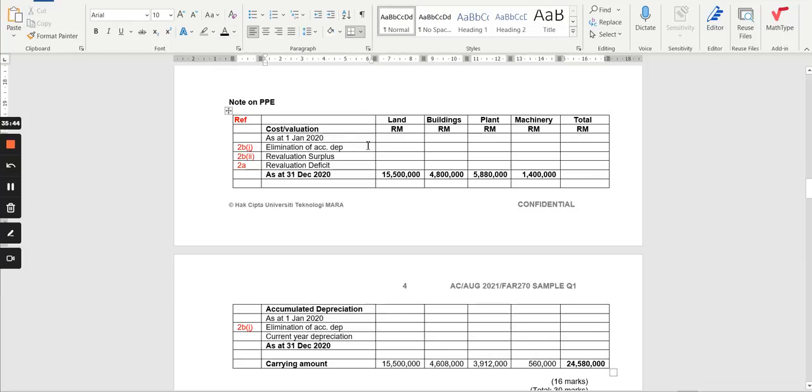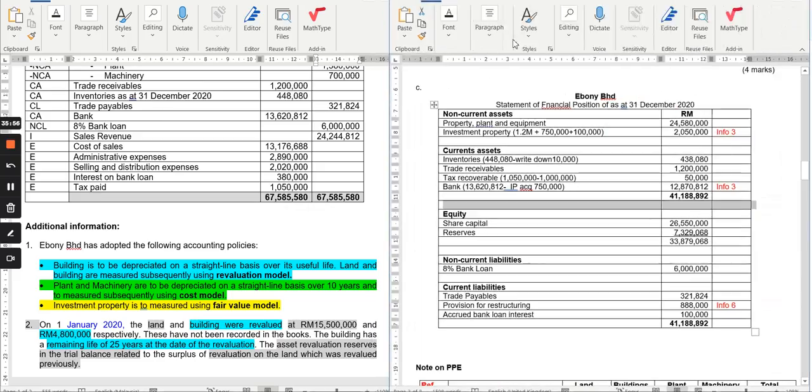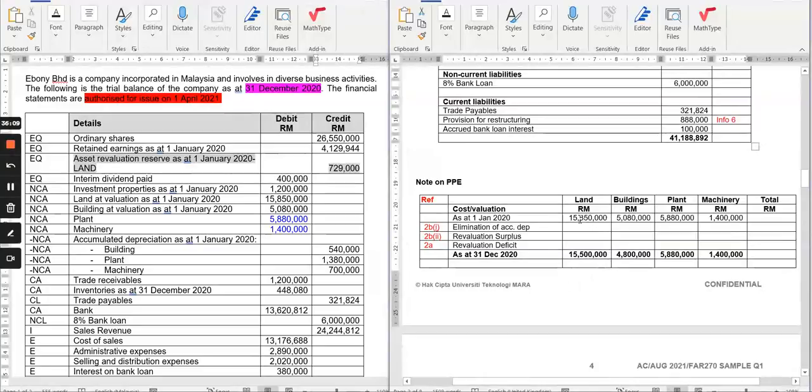As at 1st of January 2020, all the balances here should have been taken from the trial balance. So let's go and show where it was from. 15,850, 5,080, 588, and the machinery was 1,004. So the balance at 1st of January 2020 is 1.4 million.